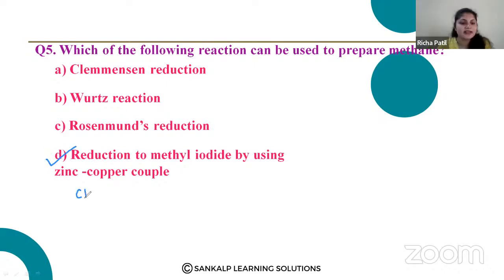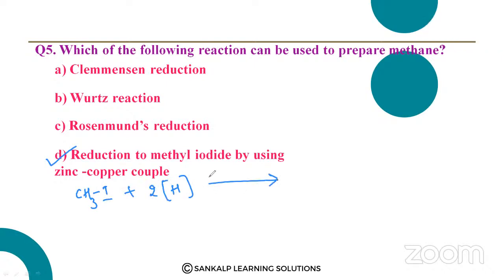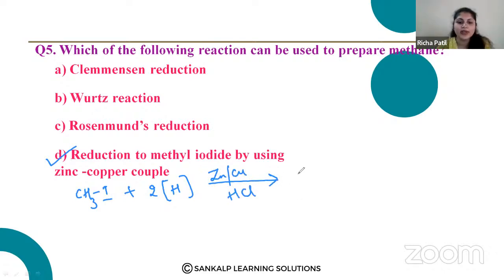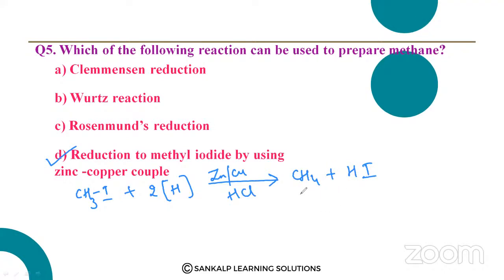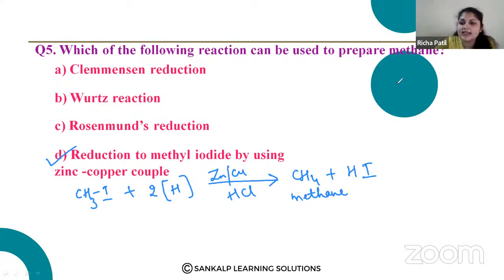So the correct answer is D. When you reduce methyl iodide using 2H in the presence of copper and HCl, you get methane plus HI. D is the answer. Just see the reaction and you'll come to know.